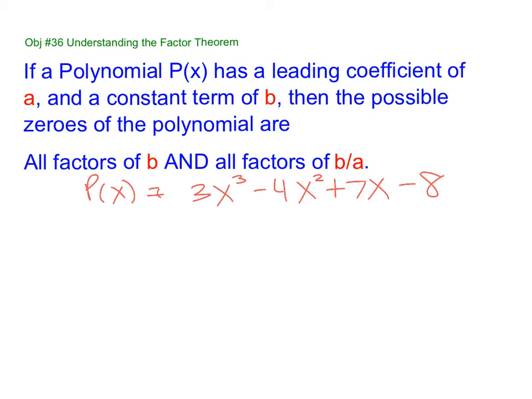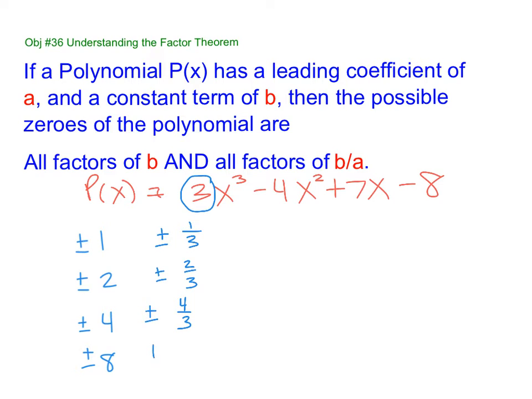So to figure out what our guess and check would be, we start with all our factors of 8, so plus or minus 1, plus or minus 2, plus or minus 4, and plus or minus 8. But then we have other options. It could also be all of those divided by 3: plus or minus 1/3, plus or minus 2/3, plus or minus 4/3, plus or minus 8/3.